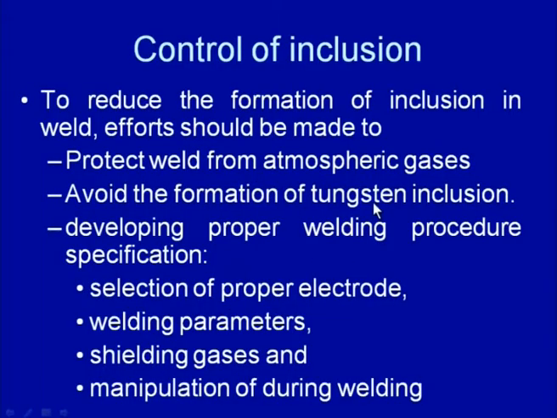Avoid the formation of tungsten inclusions. For this, we need to see that the proper current setting is used for a given electrode size, and the proper kind of polarity is used in order to avoid unnecessary degradation of the tungsten electrode.